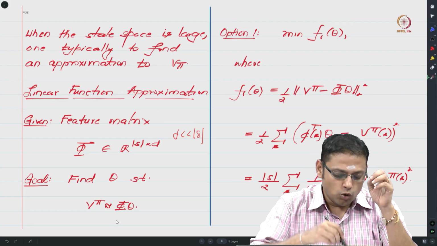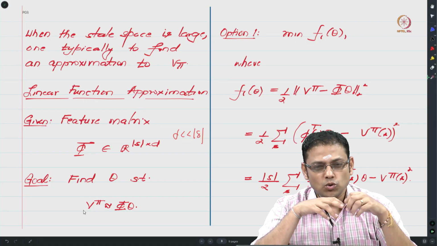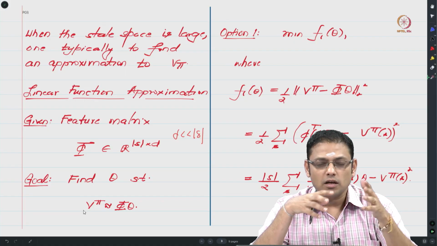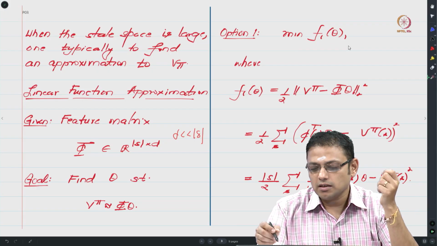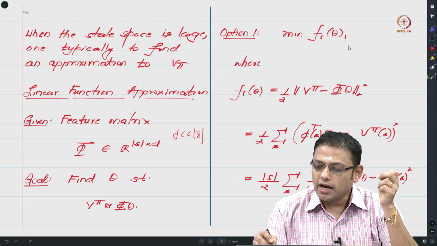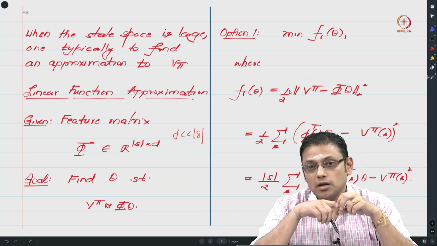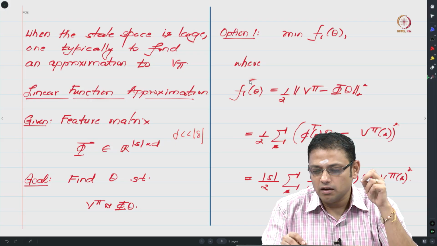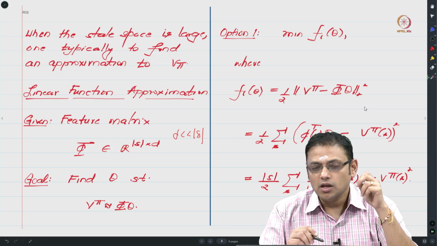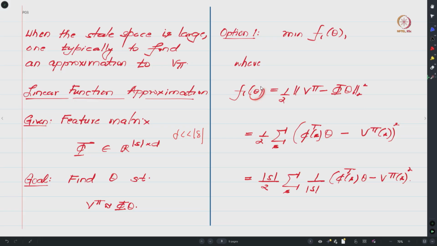So in some sense we are trying to reduce the dimension of the problem and asking, in this reduced space, can we find a good proxy to V pi? To solve such problems one can look at various optimization problems. The first among these would be to try to find a theta which minimizes the Euclidean distance between V pi and phi theta. If we define f1 of theta to be this objective function, then the goal is to find a theta which minimizes this distance.